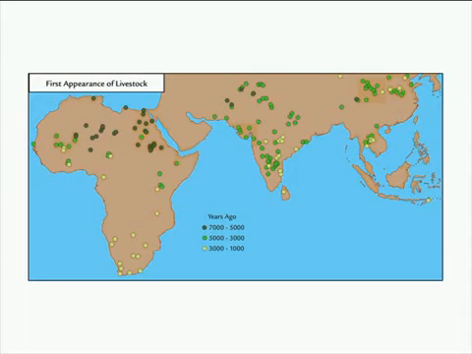But after 5,000, in that interval 5,000 to 3,000 years ago, livestock start to spread down into East Africa, all across India, and across most of China and Southeast Asia.